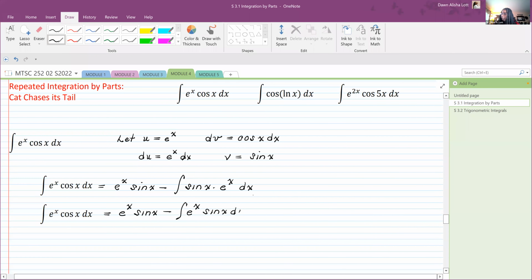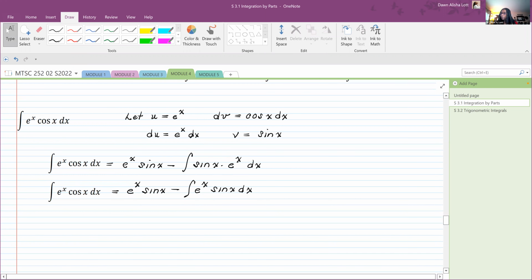And when I look at that, I started with e to the x cosine. I now have e to the x sine. That's just as difficult. That's why I'm doing integration by parts on this thing.